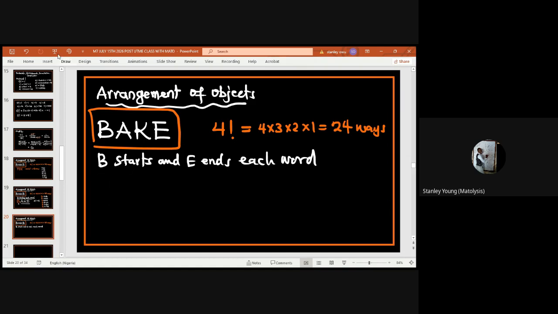So because B must start each word and E must end each word, we are left with A and K. So we just have the position of A and K being swapped. You get that? So we'll just have A and K being swapped, and that just gives us BAKE and BKAE.